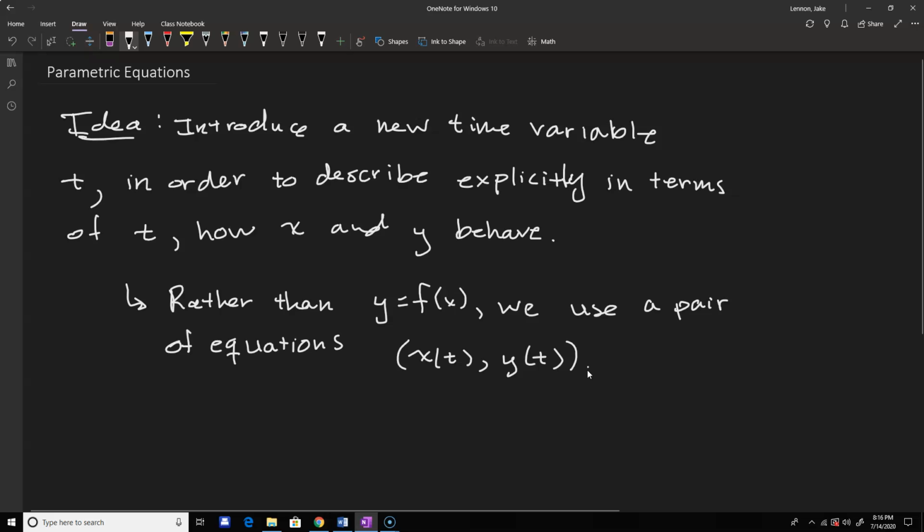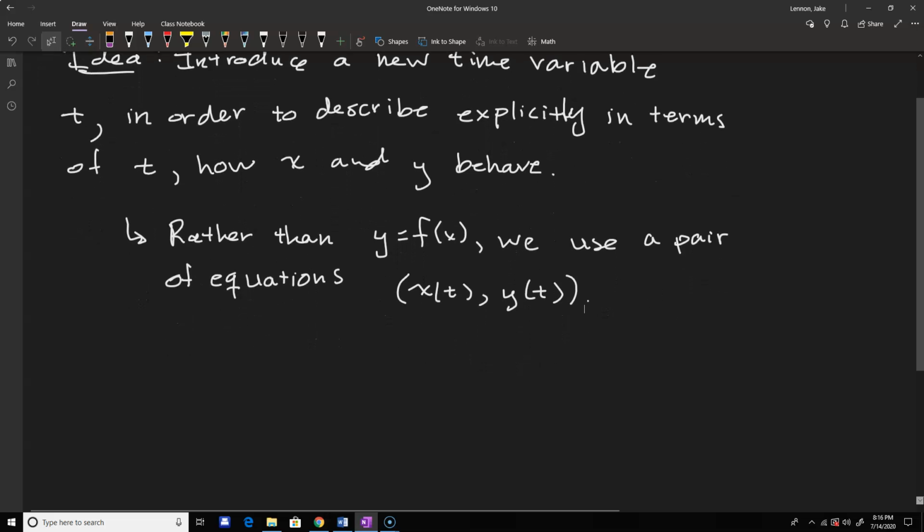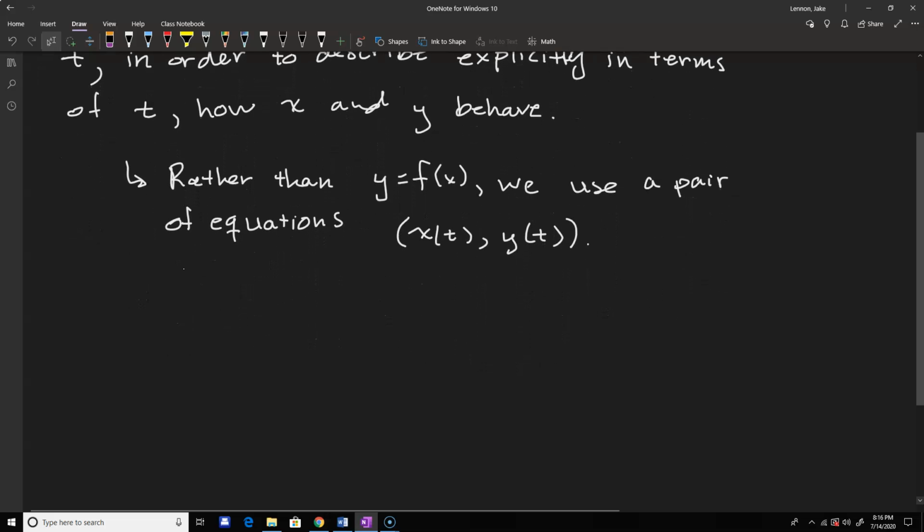Not only will it describe the same curve, but you can actually talk about different speeds at which you go around a curve. So let's look at a simple example. A lot of times these will describe things that aren't even necessarily functions but relations. So example, consider x squared plus y squared equals 1.